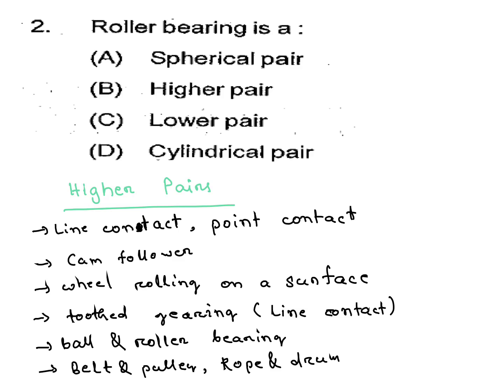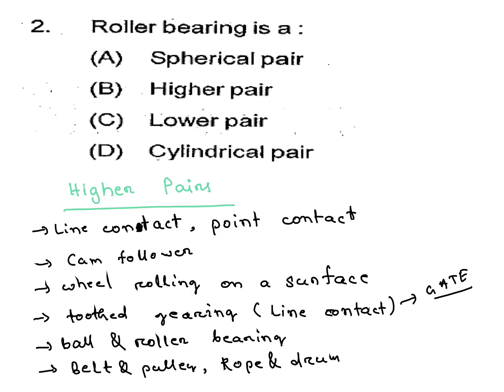Examples are cam and follower, a wheel rolling on a surface, and gearing. This one is also asked in GATE. In IES also so many times they are asking. So this is very very important.